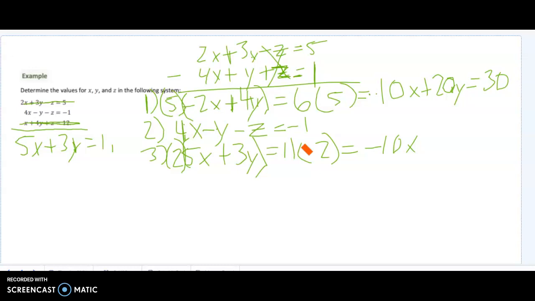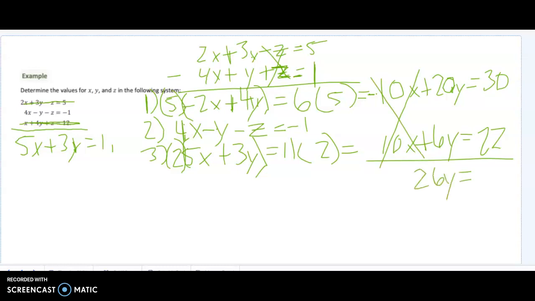And so that becomes 10x, and then that's plus 6y equals 22. So now if we combine those, these cancel and leave you with 26y equals 52.